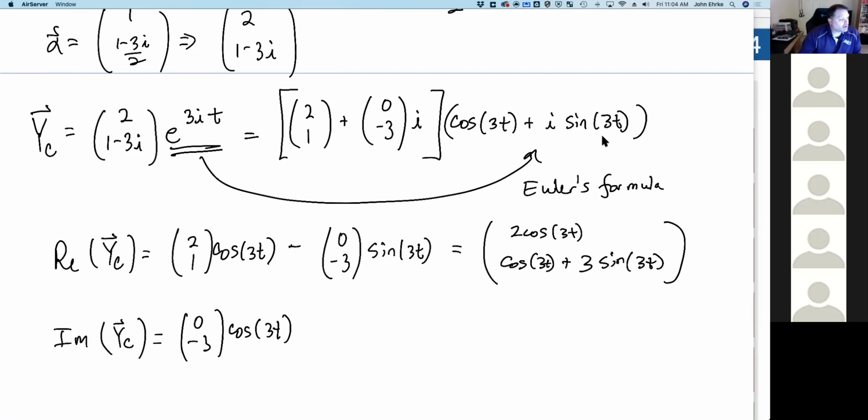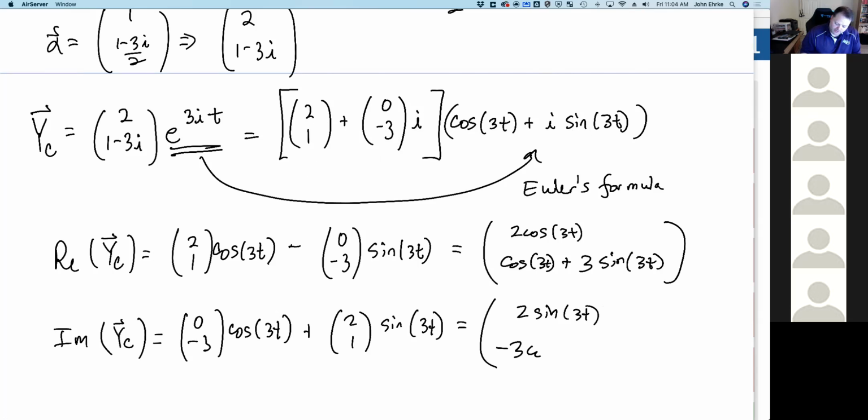So 2, 1 times sine will be multiplied by an i as well. So the other real solution here is 2 sine 3t and minus 3 cosine plus sine.